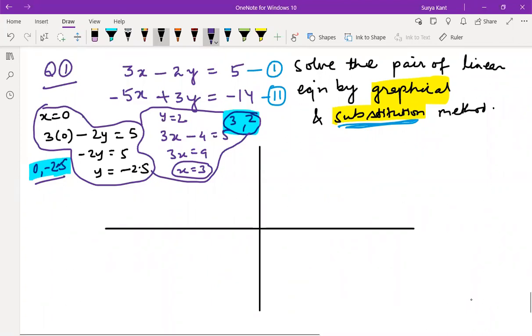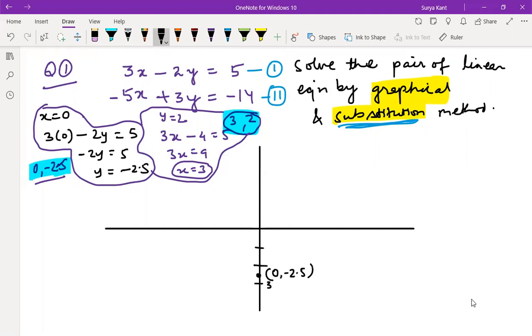So see, the first coordinate we are getting is 0, comma, minus 2.5. So 0 is here and minus 2.5, where is it on the y-axis? This is the y-axis. So minus 2.5 you get somewhere between 2 and 3. So this is 0, comma, minus 2.5.